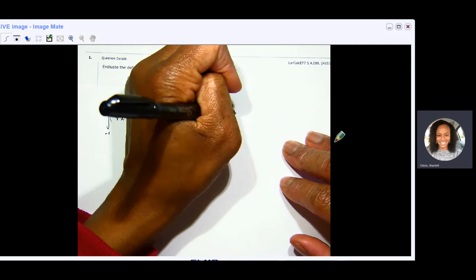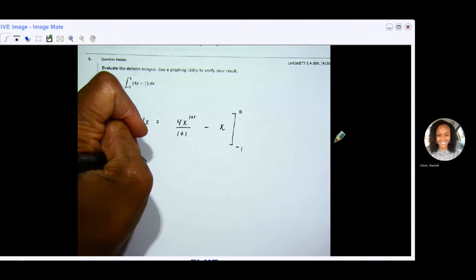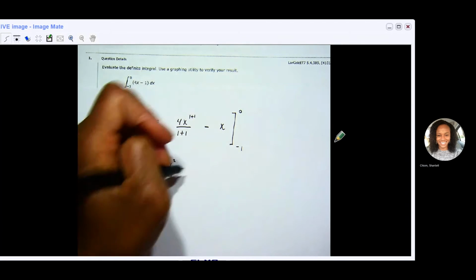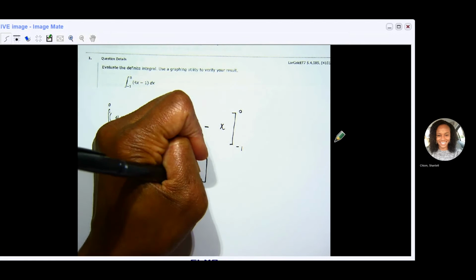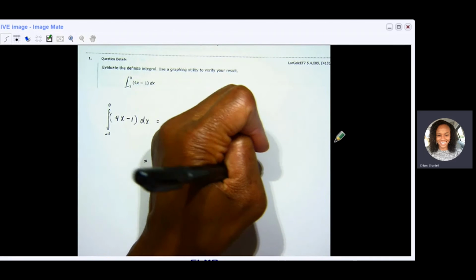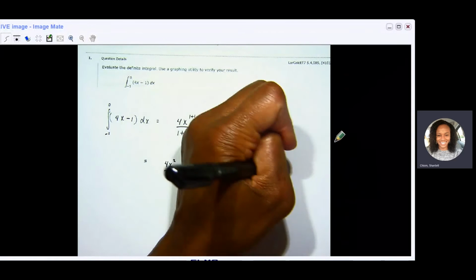And then we will evaluate that from -1 to 0. So 4x squared over 2 minus x from -1 to 0. This becomes 2x squared minus x from -1 to 0.